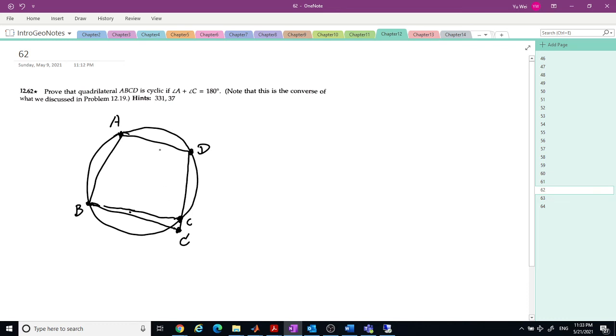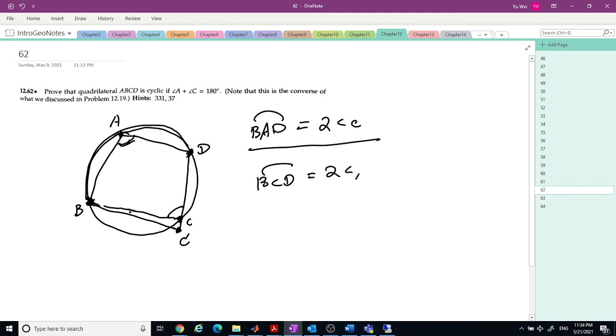In ABCD, angle A plus angle C is 180 degrees, right? So you can draw a circle around BCD, right? So there is an arc to BCD, right? So this BAD arc is 2C, 2 times the angle C, right? And of course the BCD arc is 2 times the angle A, right?